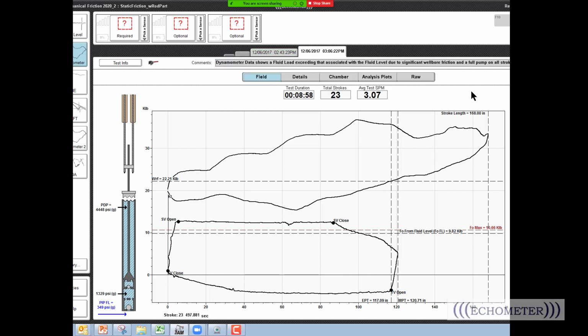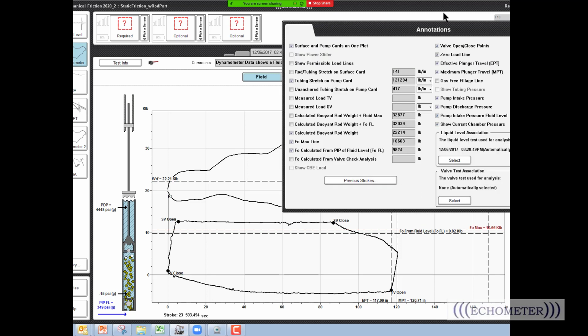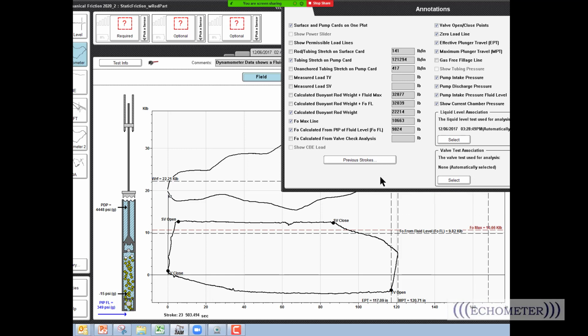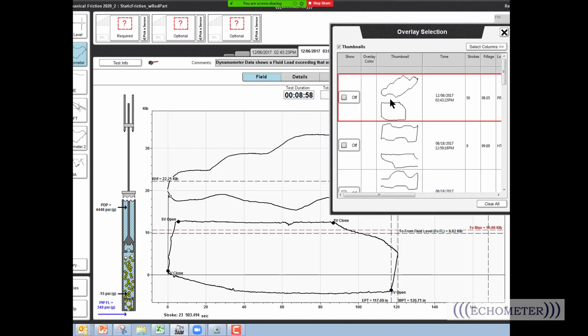And so if I go to the annotations screen here, there is a button here that says previous strokes. And so if I click the previous strokes button and I go turn this one on, then this is comparing two strokes at the, well, not within the same 30-minute time interval.